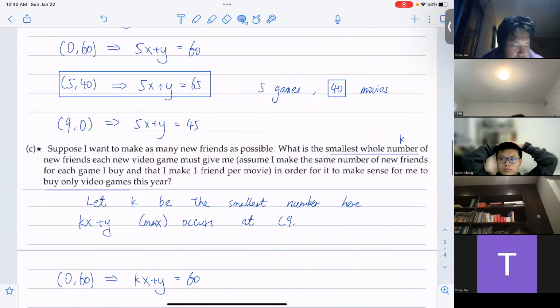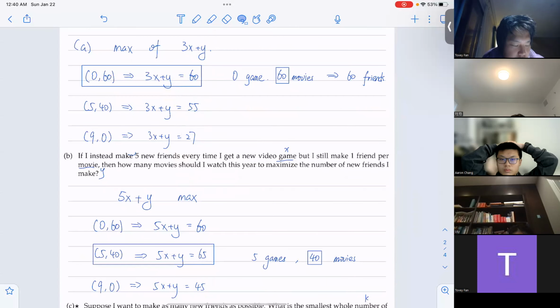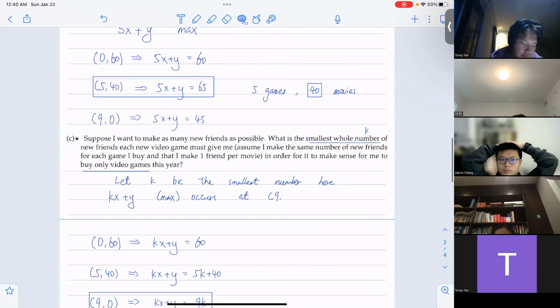Let's go back a little bit. Think about question A and B. In question A, the reason why the first point is the answer is simply because 3x plus y is 60, which is the largest value among all in that situation, so the most amount of friends.